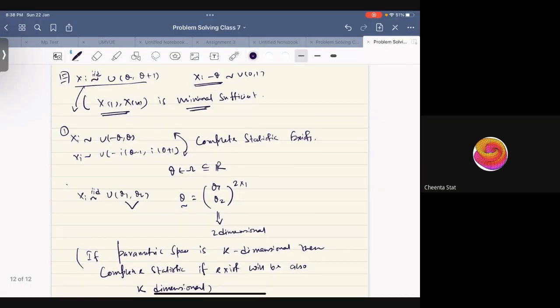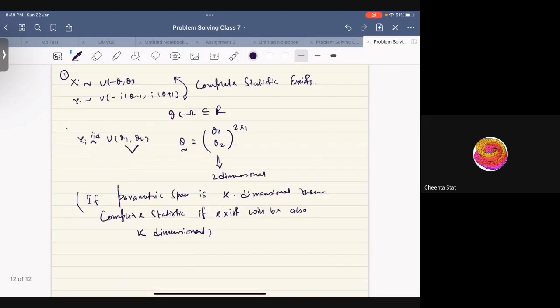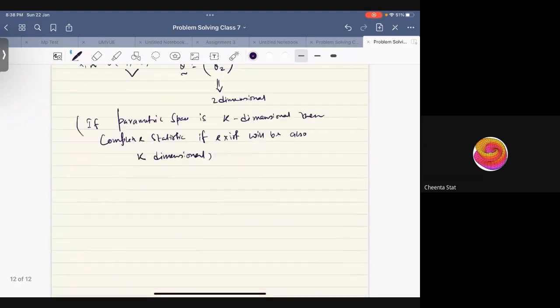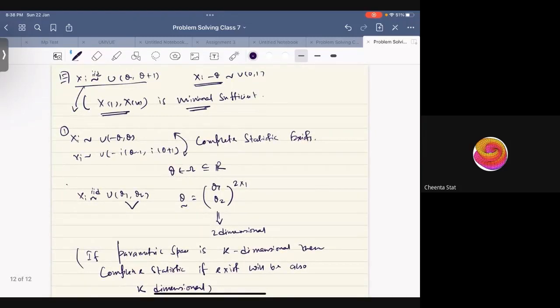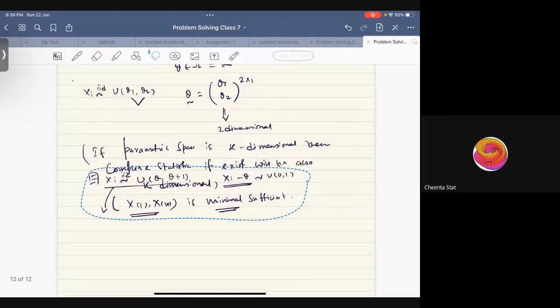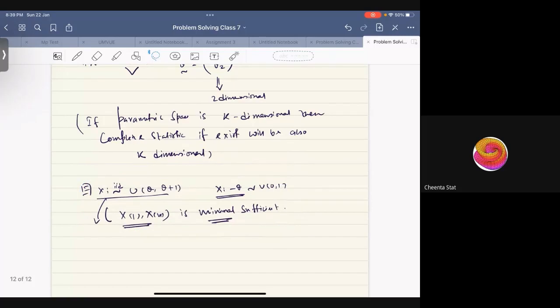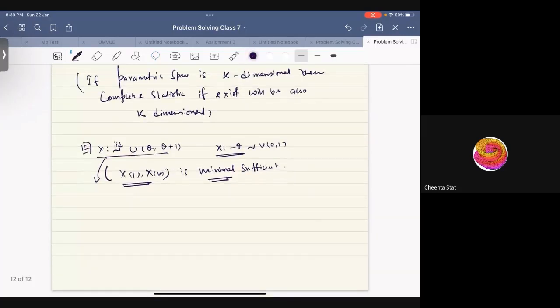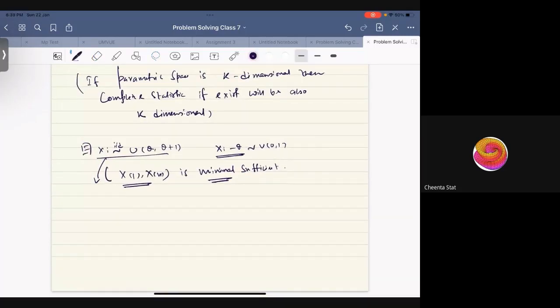What I'm saying there is that x order 1 and x order n is minimal sufficient for that question. Now, can you say something for me? I am taking this question outside. Can anyone give me an immediate answer? I am making the question spicy, that's why you cannot understand.